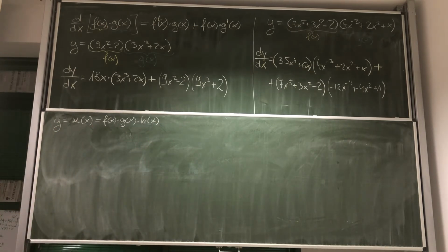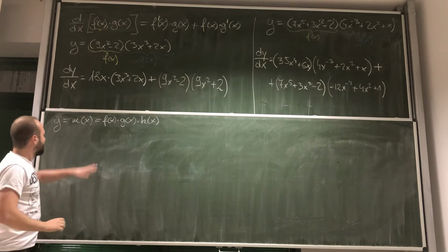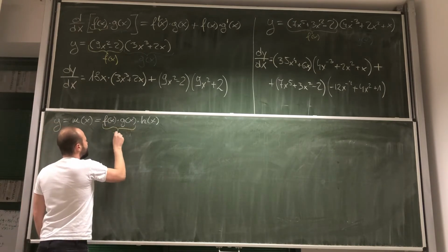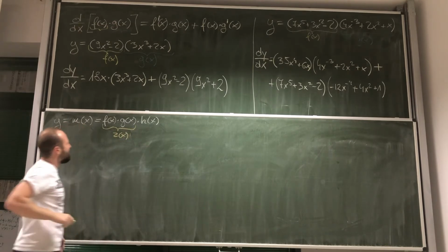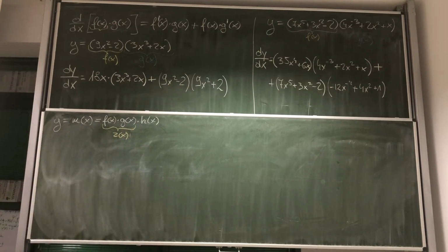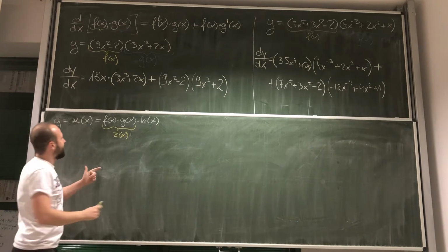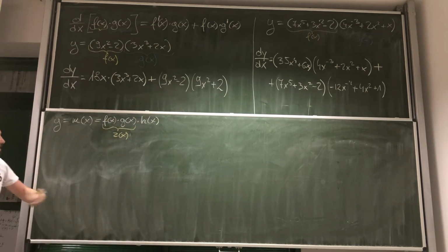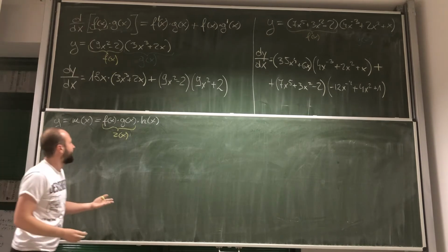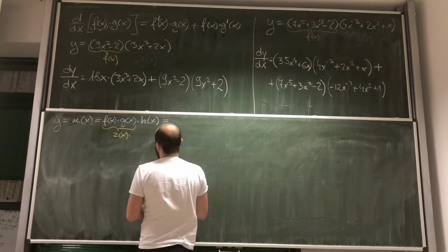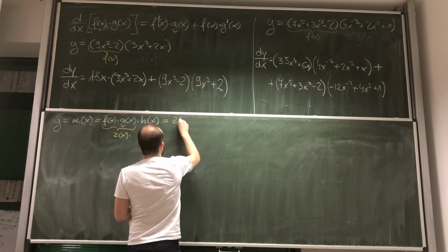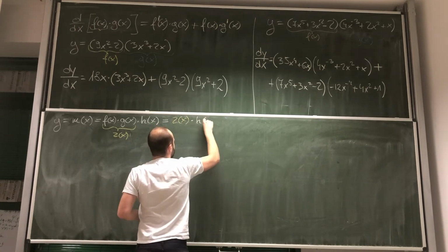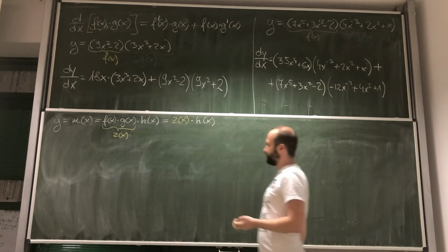Remember, before we were calling this part z of x. So why not use the same trick? I can always think about this as one function and this as the other function, so I get a product of just two functions: z of x times h of x.